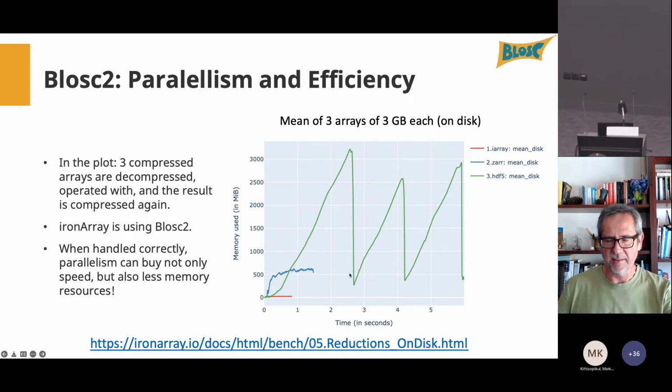We see that HDF5 is taking the longest time, probably because of this special handling of chunking. Zarr can do much better, and ironArray is not only faster but also consumes much less memory, which is a nice thing when you are trying to handle very large data sets.